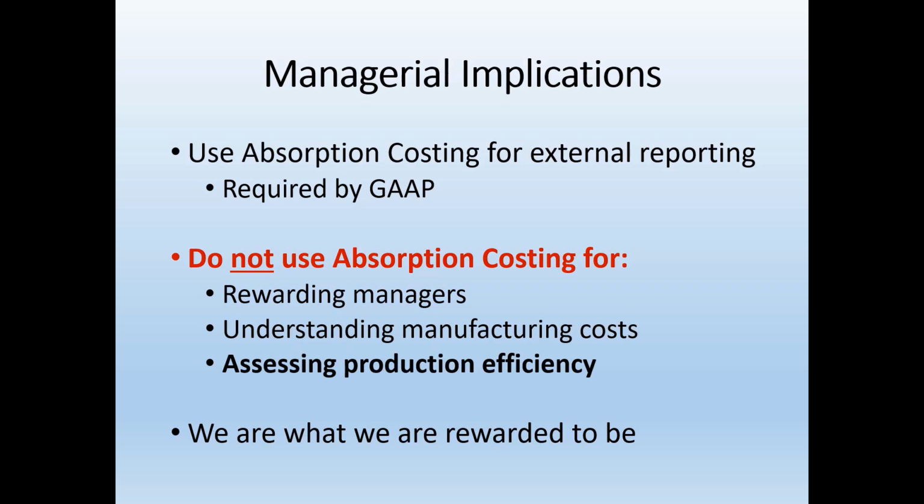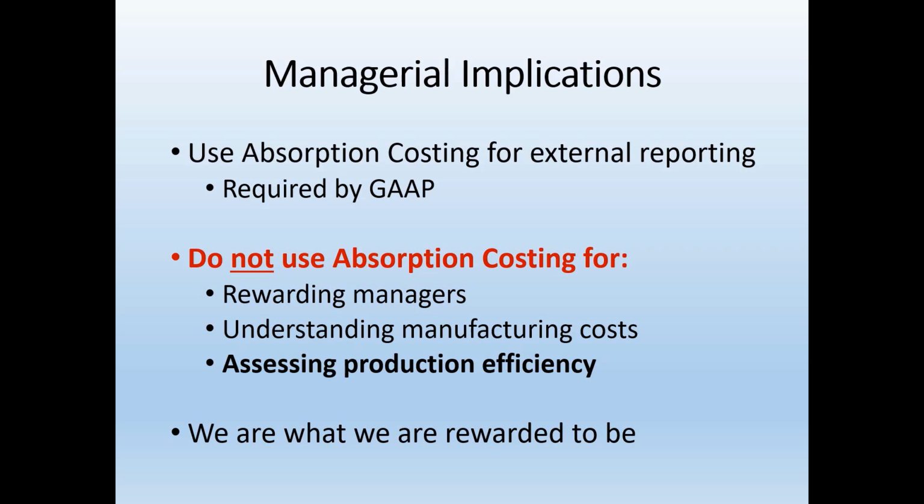In our laser save example, we saw that the firm appeared to be much more efficient in November and much less efficient in December. But those differences didn't come from changes in fixed or variable costs.